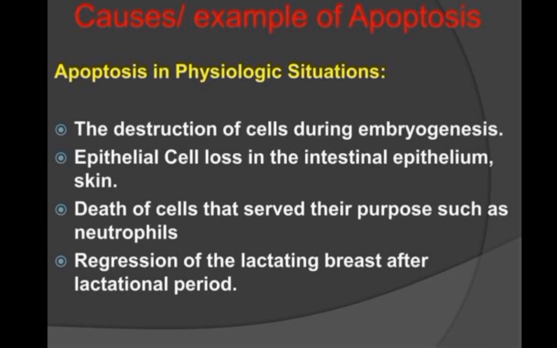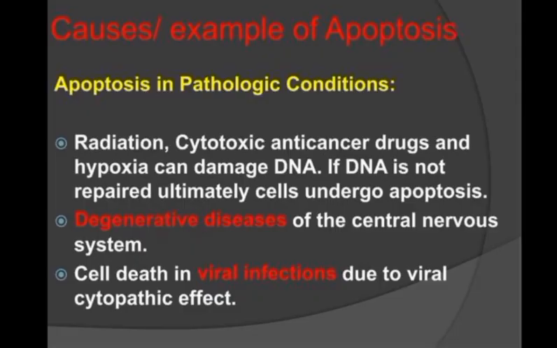What are the causes of apoptosis? Physiological causes include destruction of cells during embryogenesis, loss of epithelial cells in the intestinal epithelium, death of cells such as neutrophils, and regression of the lactating breast after the lactating period. Pathological causes include radiation, chemotherapy drugs, cytotoxic drugs, and hypoxia. These damage the DNA.